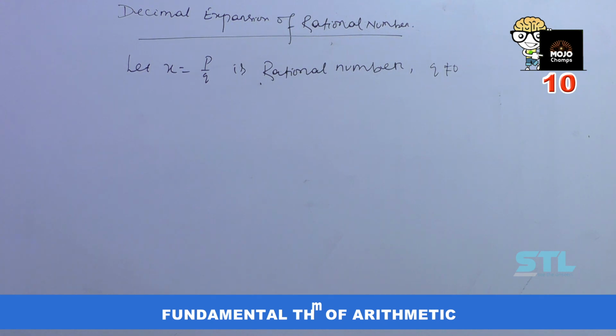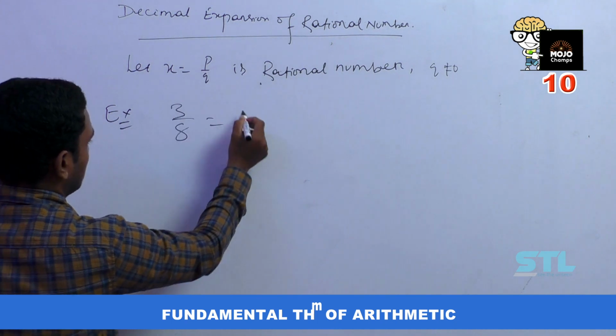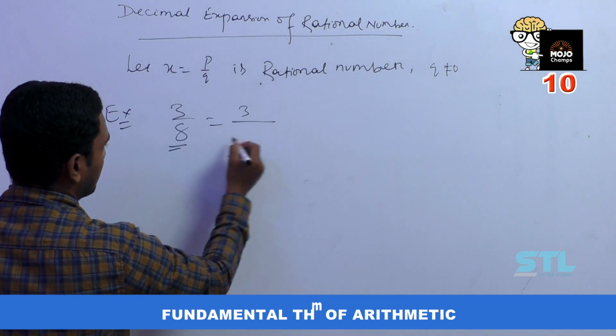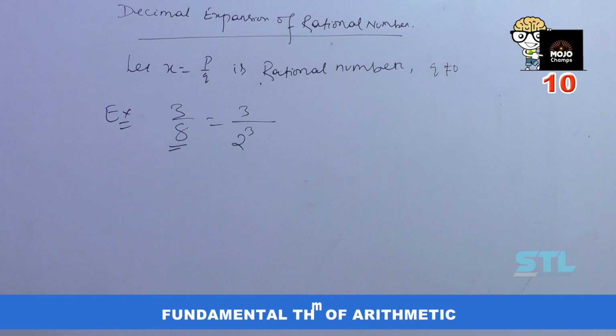Now see 3 by 8. Example is 3 by 8. 8 I can write as 2 cube. I need 2 to the power n into 5 to the power n.